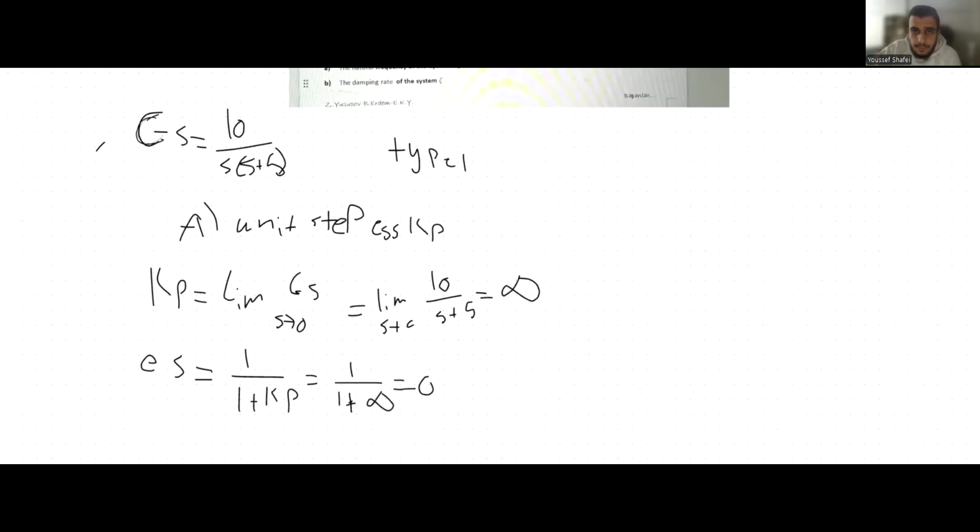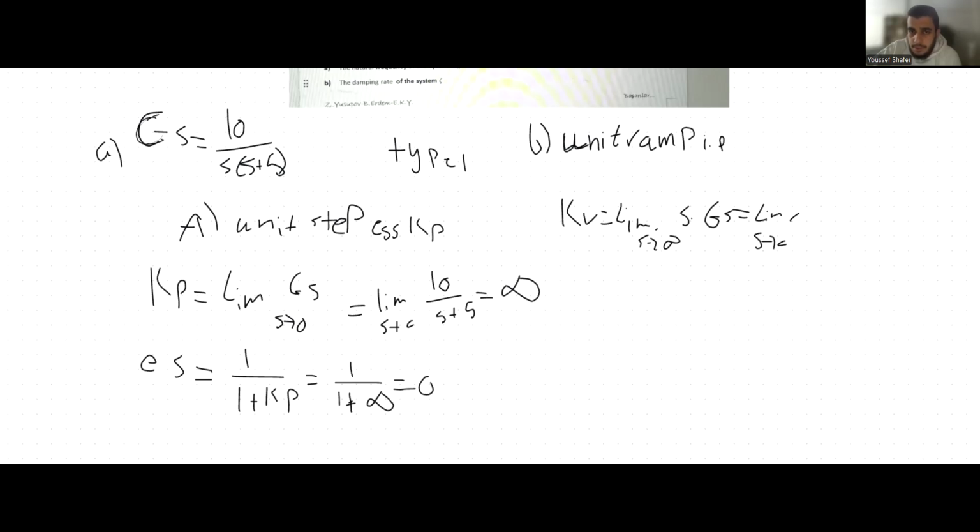For the unit ramp input, Kv equal limit s tends to 0 of s multiply G(s), equal limit s tends to 0 of s multiply 10 over s multiply s plus 5, equal 10 over 5, equal to 2.